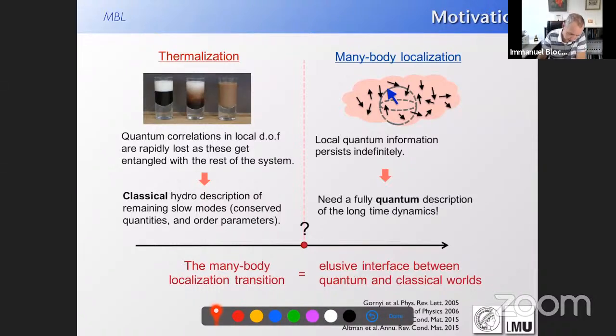Let me draw here, it could be your cup of coffee where you have milk and coffee separated from each other initially, and then over time, of course, this will mix, it will thermalize, and you will basically lose any trace of the initial state of the system. You will not be able to say whether this system came from this one or something else. So you're basically losing correlations. In a quantum case, quantum correlations.